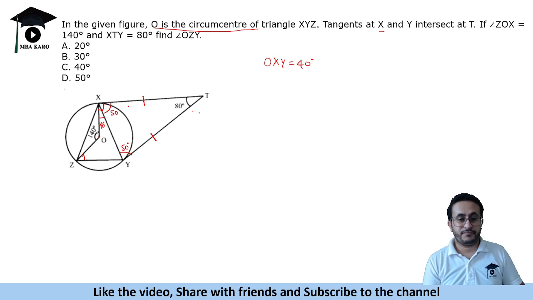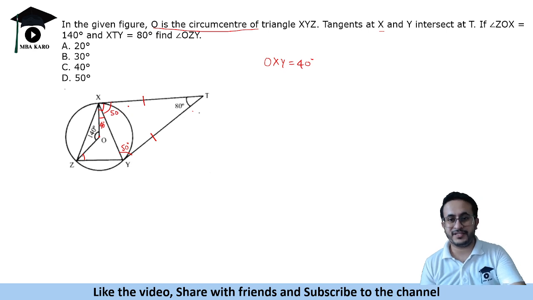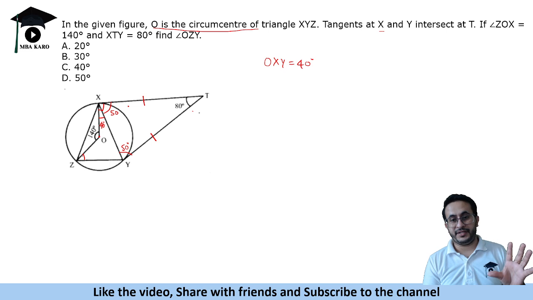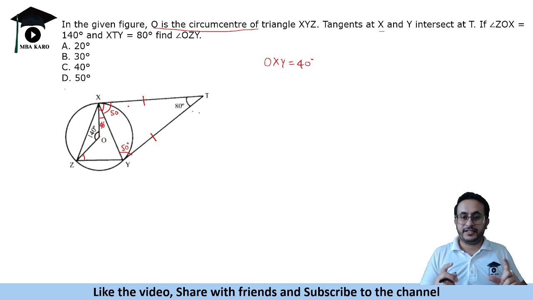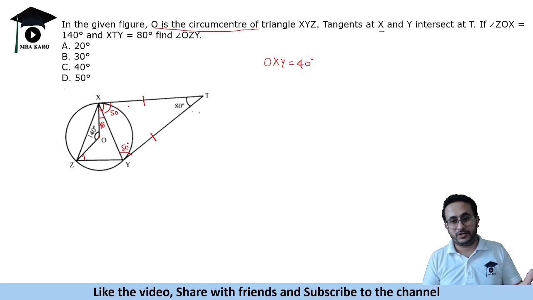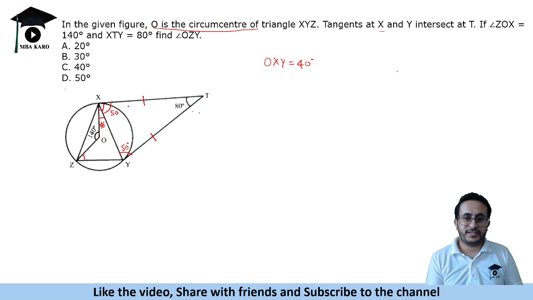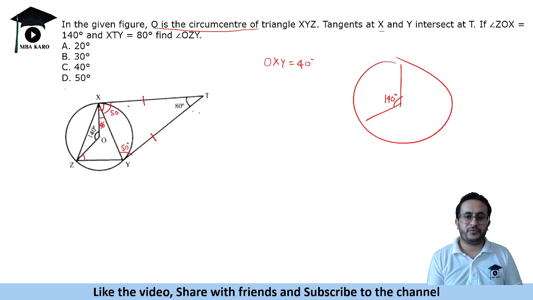Now another theorem that will be applicable in this is, see, in geometry, especially in circles and triangles, there will be a mixture of multiple theorems, right? It is not that one theorem will be applicable, there will be several theorems that will be applicable. So if you look at this circle, this angle is 140, and there is a theorem which says that if you draw an angle like this, the angle at the center is double. So this angle has to be 70 degrees. This angle is 70, right?